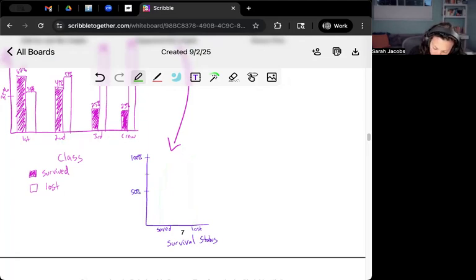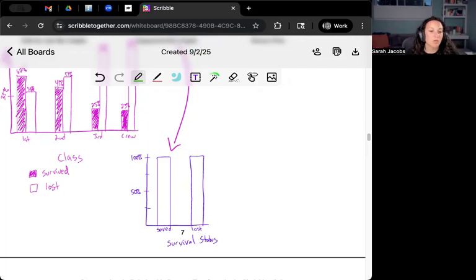That's better. Okay, great. The other thing is both of these bars are going to go all the way up to 100%. Okay, good enough. We try to make those as even as possible, but we're not robots.